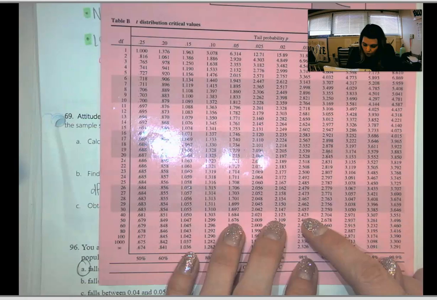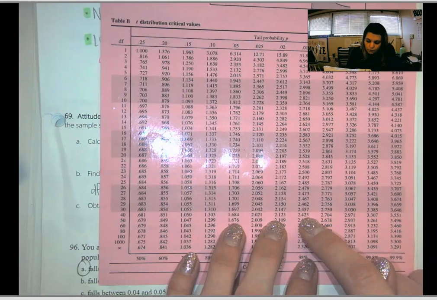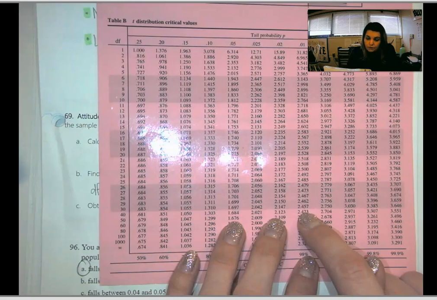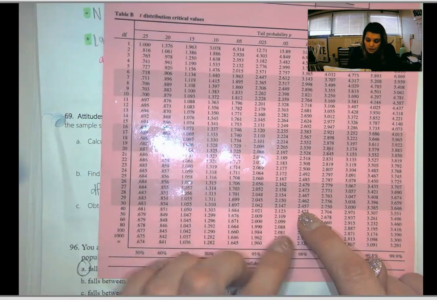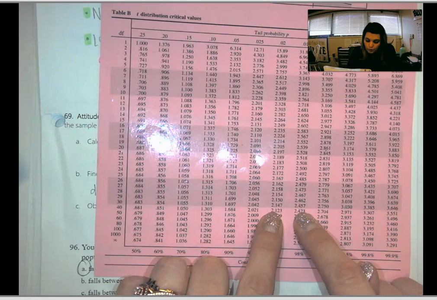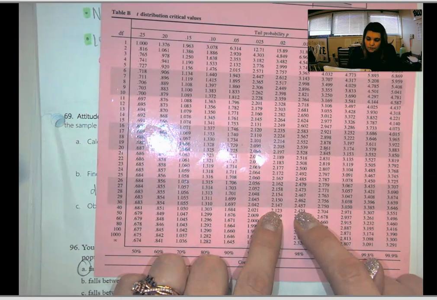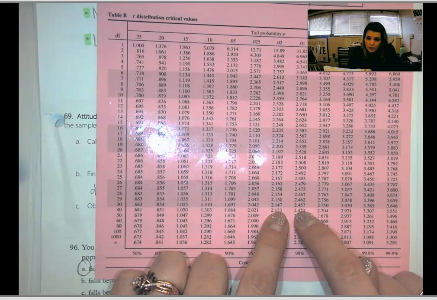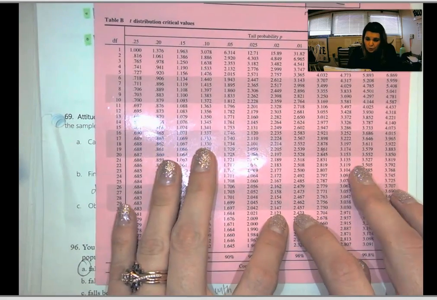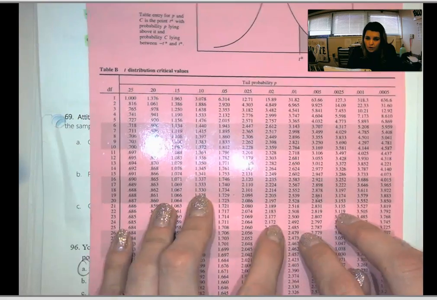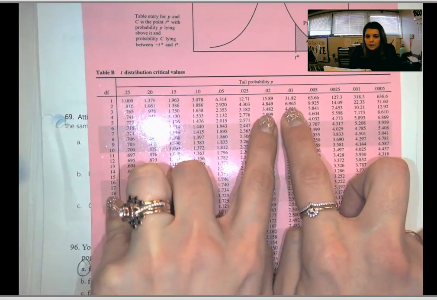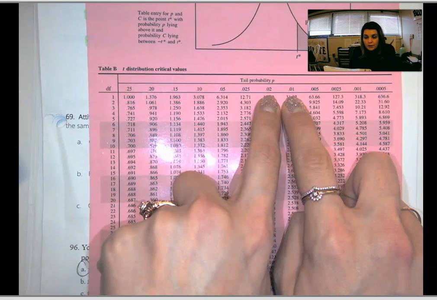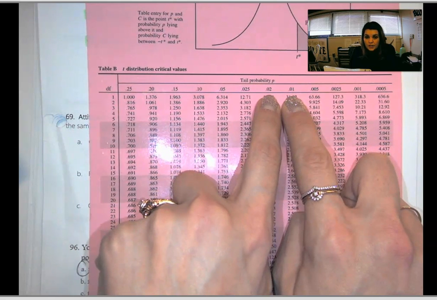So 2.409 is very close to 2.423, the lower number would be 2.123. So 2.409 is between 2.123 and 2.423. So I'm going to follow this up, and that gives me a range of probabilities from 1% to 2%.